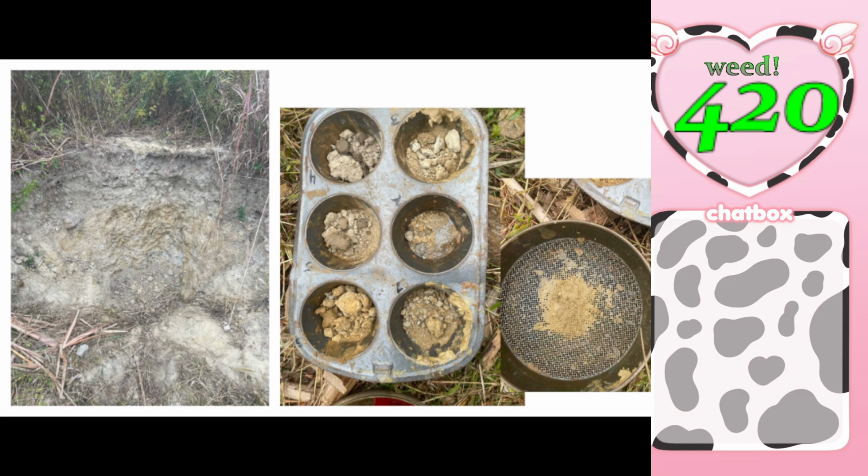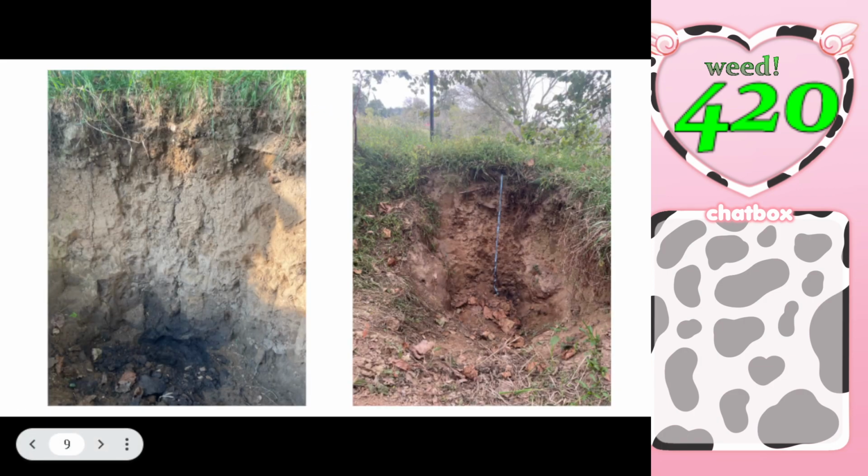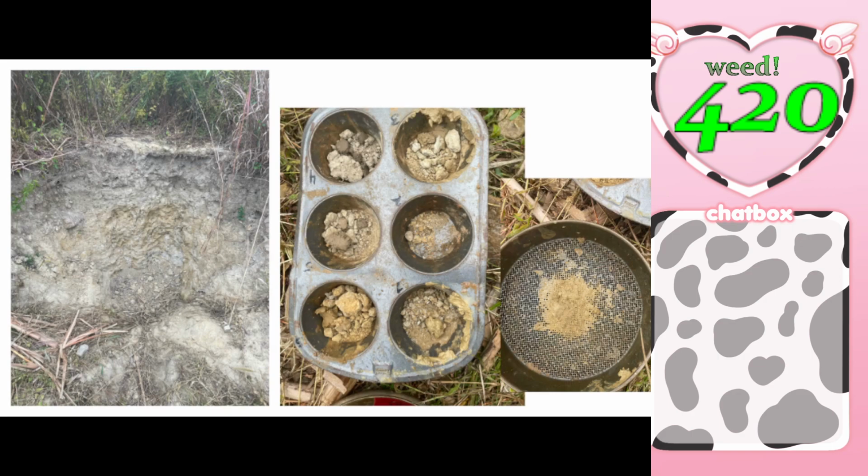Might be forgetting one. So this is located at the base of the hill, and it's a little further up than that flooded area we saw. So this is on a floodplain. If you look in our muffin tin over here, there's not a lot of soil.